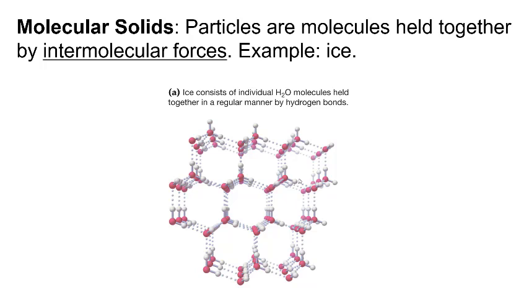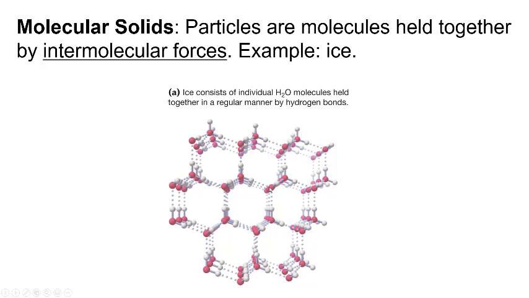Next is a molecular solid, where the particles are molecules that are held together by intermolecular forces. For example, we have ice, solid water. You can see we have this highly ordered structure of water molecules, and the ice is being held together by hydrogen bonds between the hydrogen and the lone pair on the neighboring oxygen.